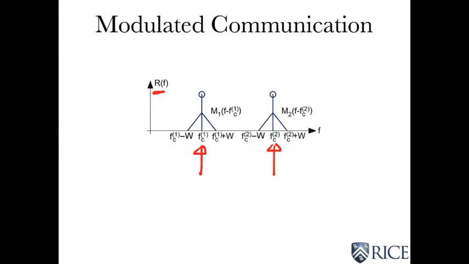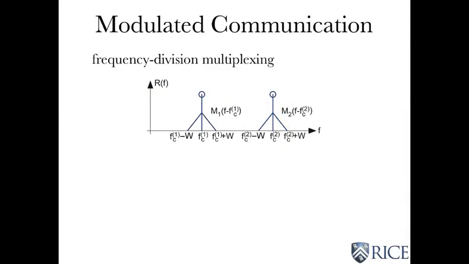Well, as long as these two spectra do not overlap, I can bandpass filter and remove the second unwanted signal. I don't have to even know it's there. This is called frequency division multiplexing. The word multiplexing means using more than once. And what we're doing is separating signals in frequency.